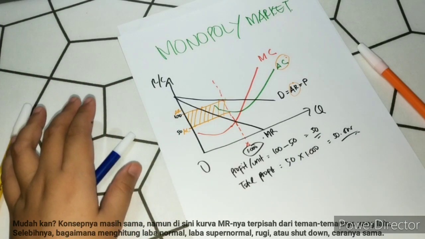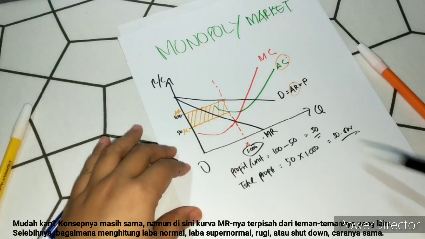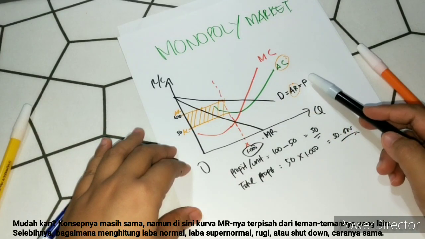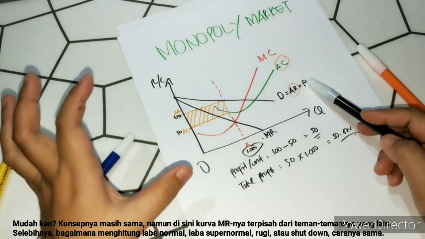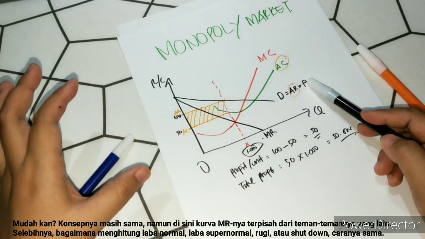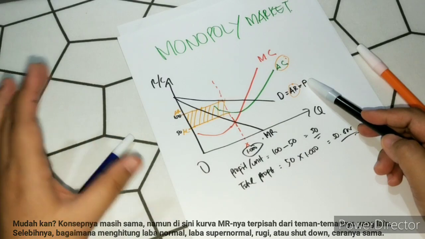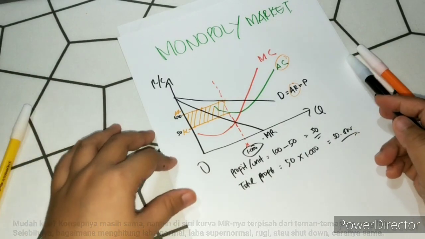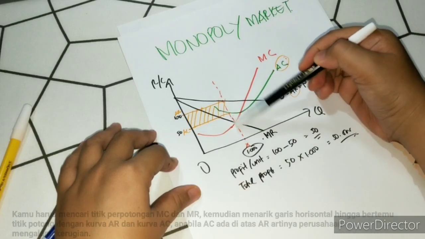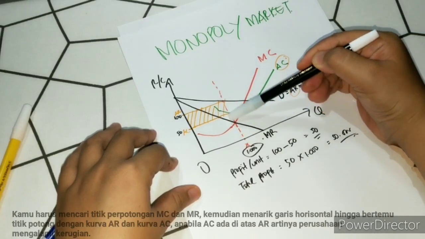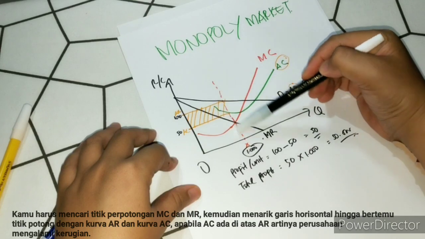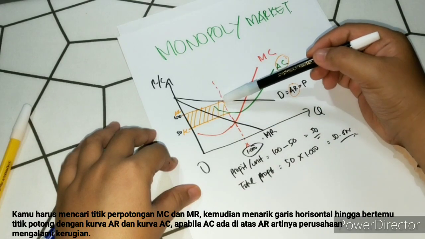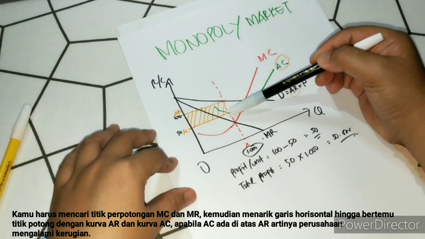The difference here is only that the marginal revenue is separate from the demand, average revenue, and price, but the basic concept of whether it is normal profit, supernormal profit, loss, or shutdown point is still the same. You have to find the cross between marginal cost and marginal revenue first, you draw the vertical line, and you identify where the revenue is and where the cost is.